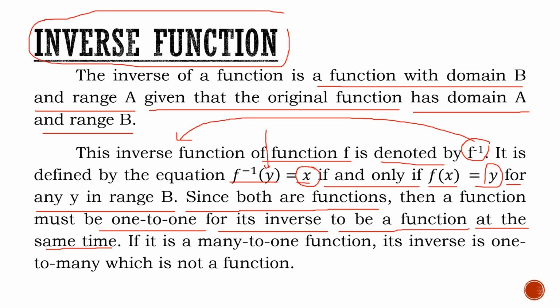So the inverse of a one-to-one function is still a function. But if you're asked to take the inverse of a function that is not one-to-one, the resulting relation is not a function anymore.